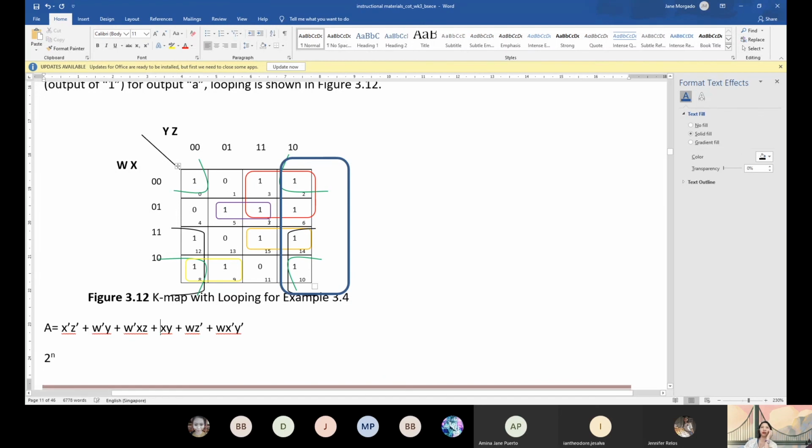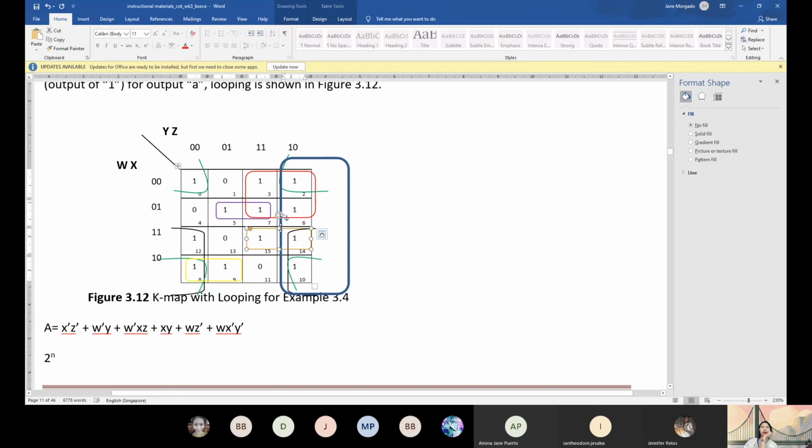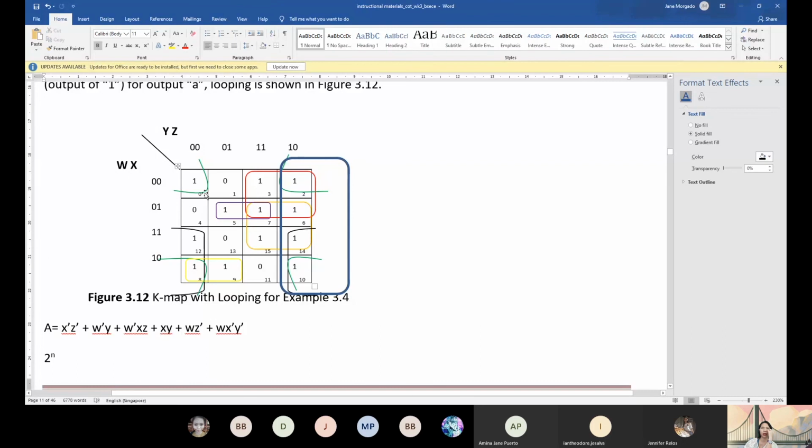But if you have more members in a loop, more ones if it is min term, or more 0 if it is max terms, you'll have fewer literals here. How about the yellow loop? 8 is already included in black and green, so dalawa na siya.